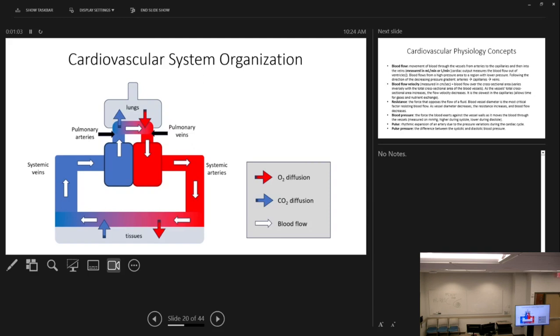Notice that this diagram is representing the two circulations, the systemic and the pulmonary circulation. And notice how all this circulation is organized in series, so one of these cavities, one of these structures after the other.